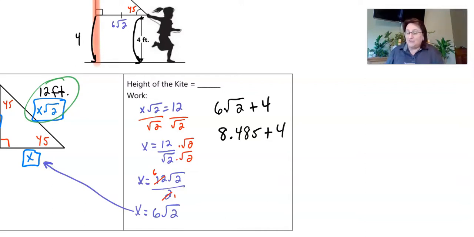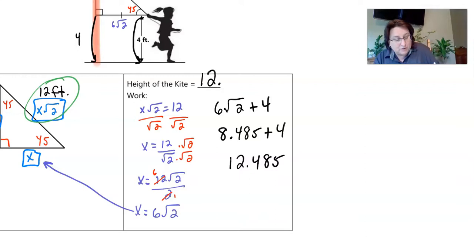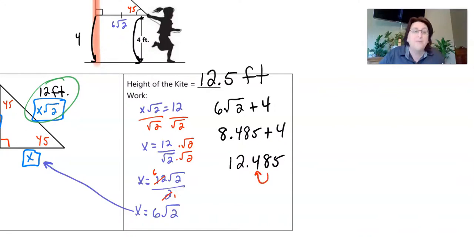And guys, when we add the 4 to that, we get 12.485. Okay, so we're going to round it to the nearest tenth. And when we round it to the nearest tenth, that should be 12.5 feet. 12.5 feet. Don't forget your units. Okay, and the reason why is because the 8 rounds up that 4 to a 5.